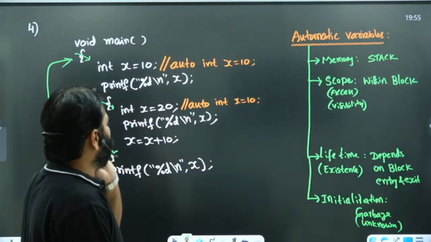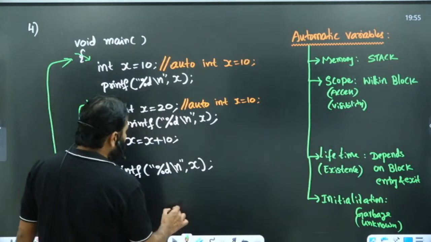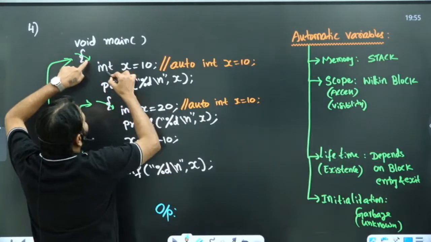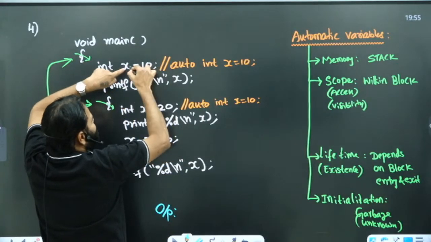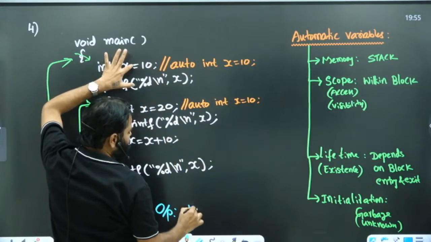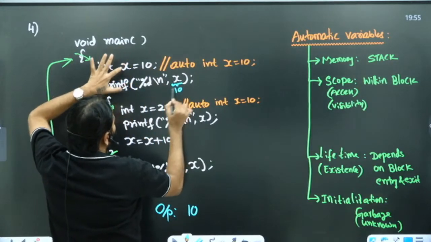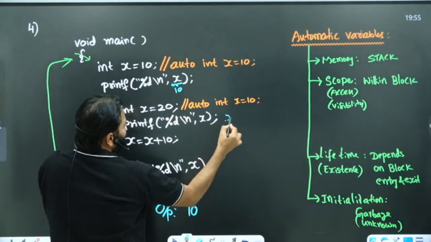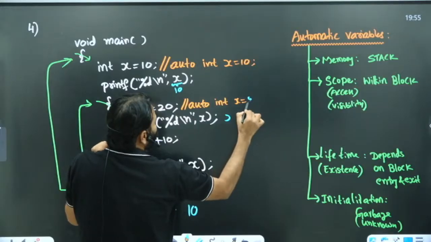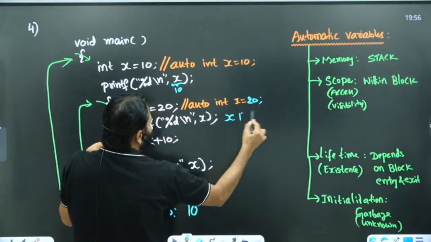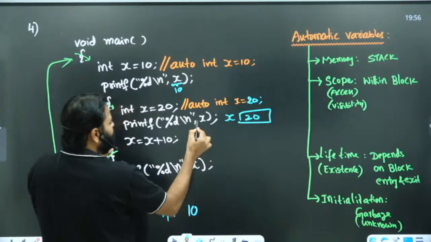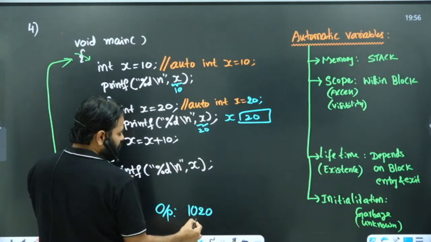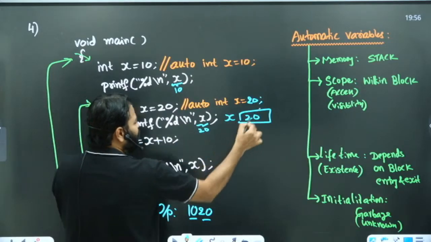That's why the output, when you look at what happens: when you enter, X is created and 10 is assigned, and 10 will print. Here 10 prints. And when you enter the inner block, X is created, oh sorry, this is 20, no? I'm very sorry. X is 20 and 20 is printed. And then 20 plus 10, 30.